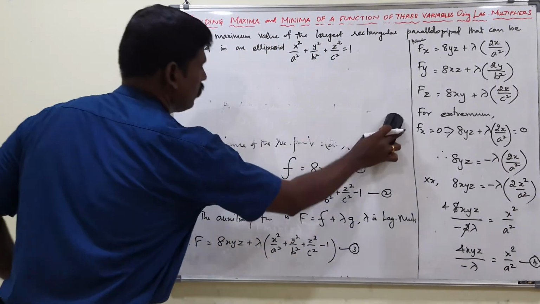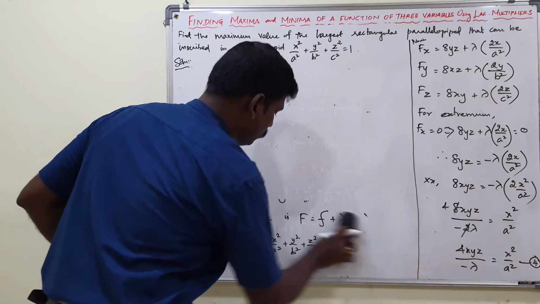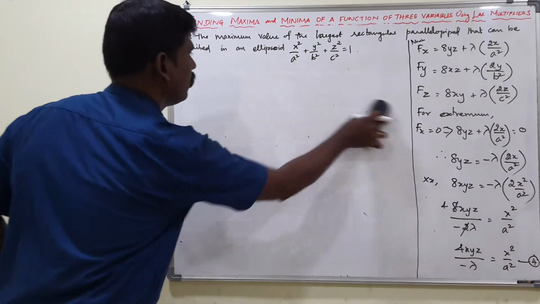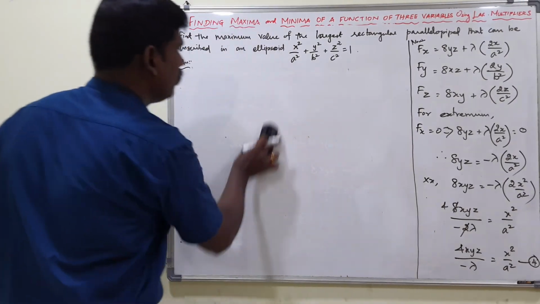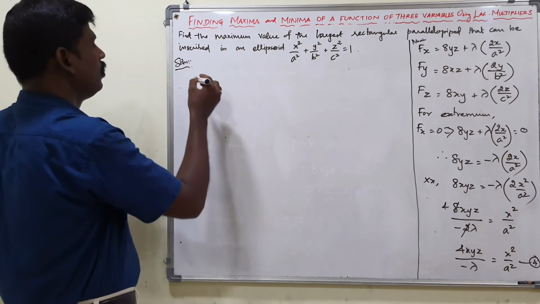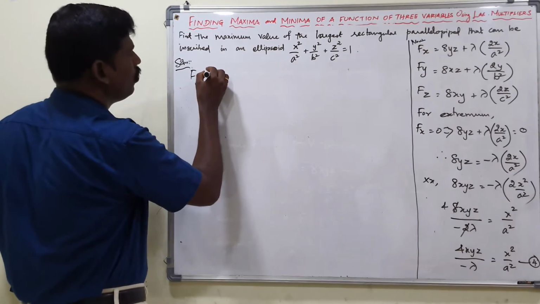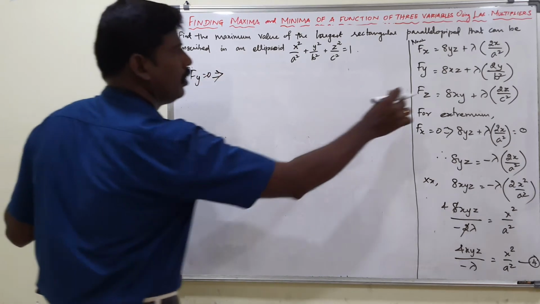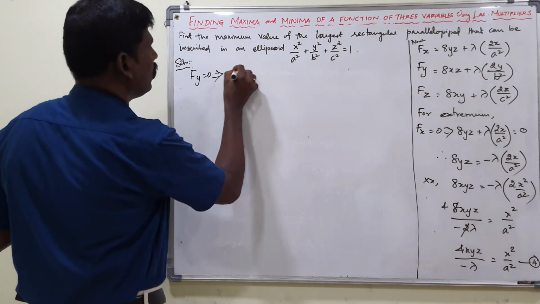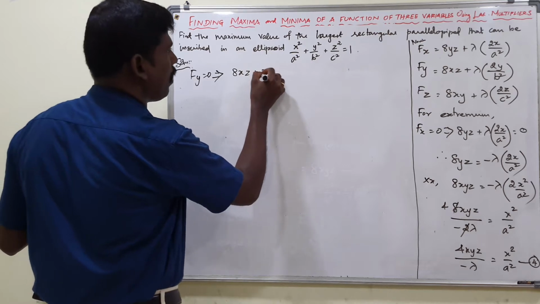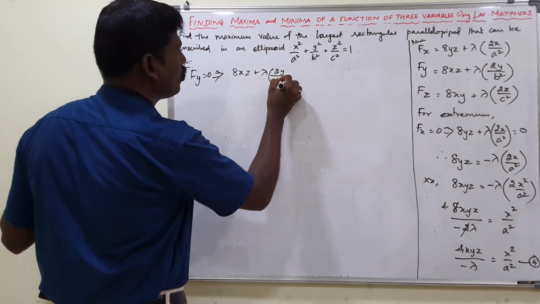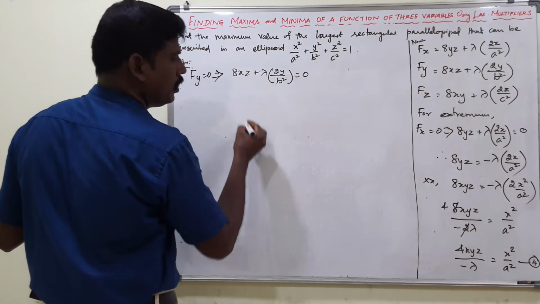Similarly, Fy equal to 0 implies 8xz plus lambda into 2y by b square equal to 0.